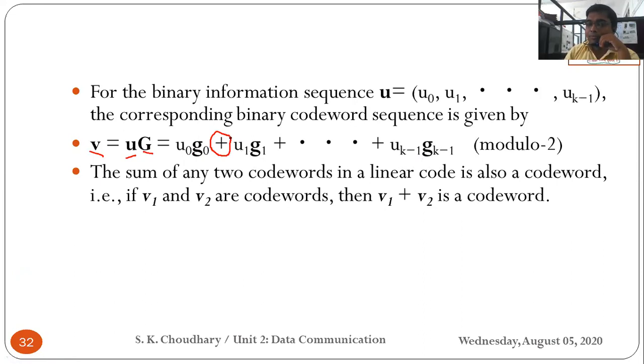The sum of any two code words in a linear code is also a code word. This is the property of a linear block code. That is, V1 and V2 independently are code words, but when you add them, it also generates a third code word, which is also a valid code word.